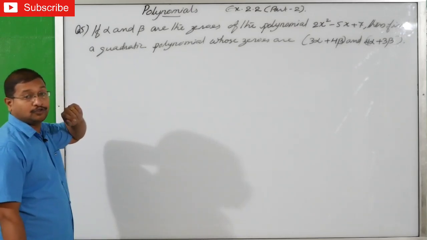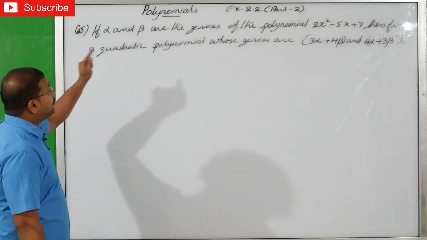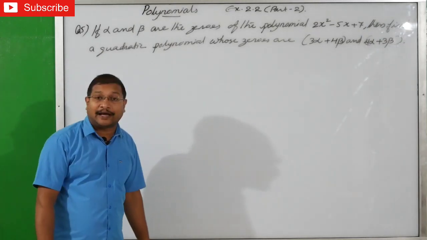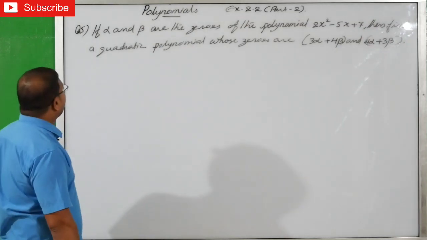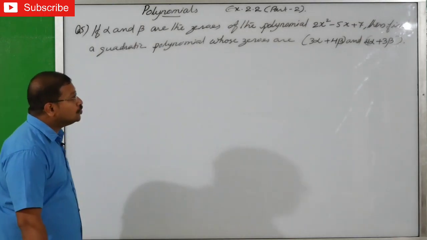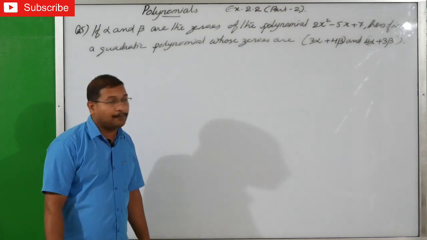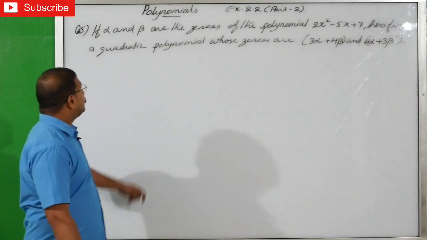Question number 5. I'll read the question once. If alpha and beta are the zeros of the polynomial 2x square minus 5x plus 7, then find a quadratic polynomial whose zeros are 3 alpha plus 4 beta and 4 alpha plus 3 beta. Ready? First, what is given?